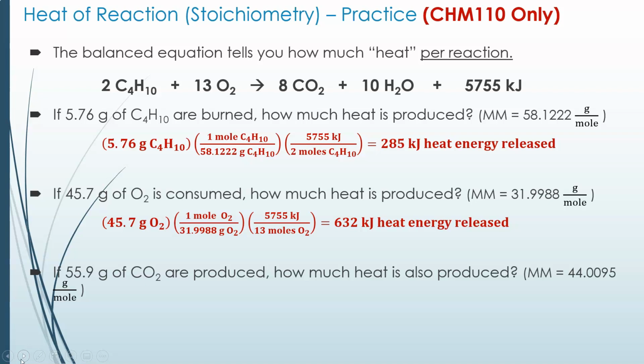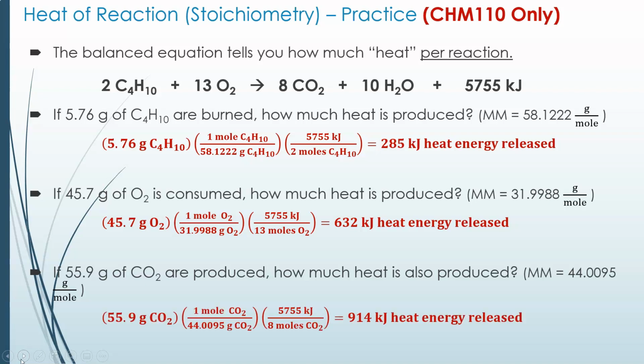So now we're starting with CO2. We turn it into moles using its molar mass. And now we know that 8 moles of CO2 production is associated with 5755 kilojoules of energy being released. And we see that our initial 55.9 grams of carbon dioxide, if we got that much produced, we must have also produced 914 kilojoules of heat.